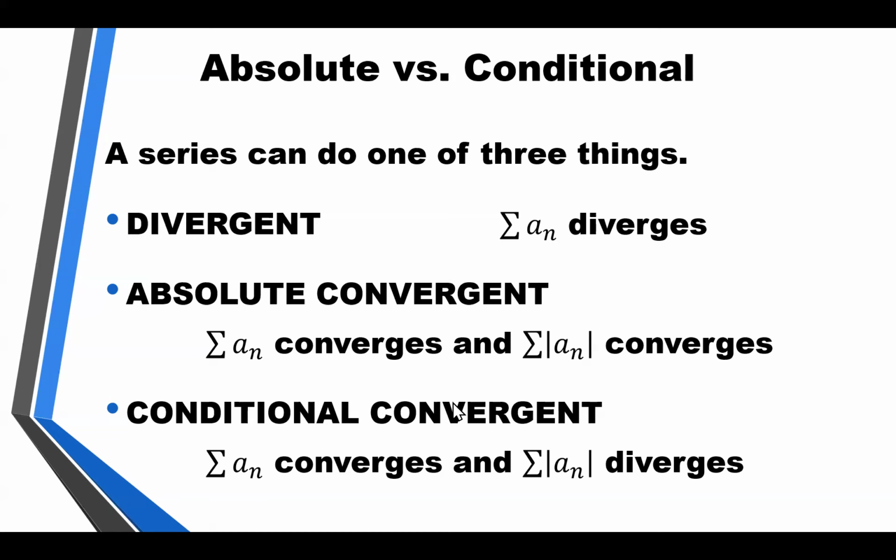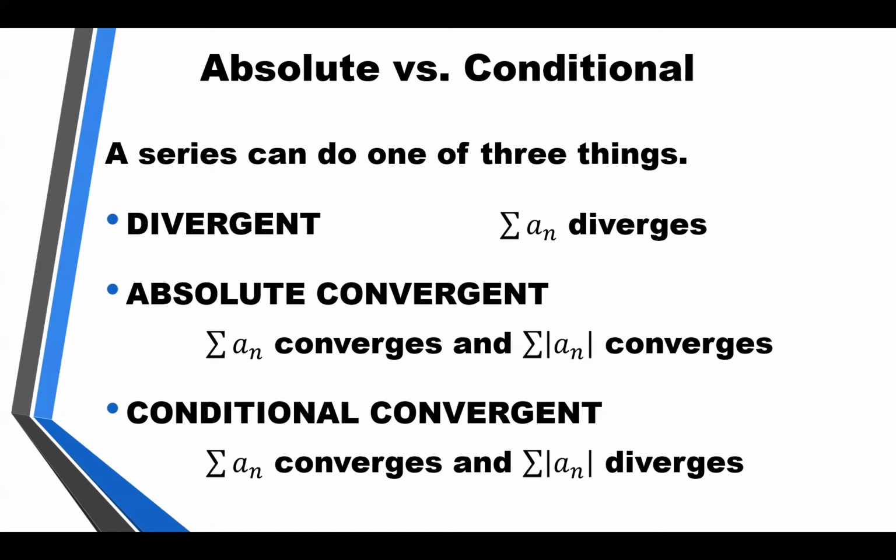So in previous sections, we didn't talk a lot about absolute convergence because we were dealing with positive terms in our series for the most part. And the absolute value of those positive terms would be identical to the positive terms themselves.